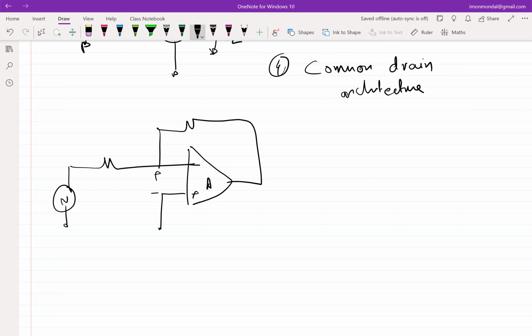So if I apply some DC voltage here, let's say VDC, this will also go up to VDC. They are tracking each other. This happens only because you have A tends to infinity. If A is not going to infinity, it's not going to track. I assume you have done this in ESC 201. It was only for the negative feedback. Yeah, it's a negative feedback.